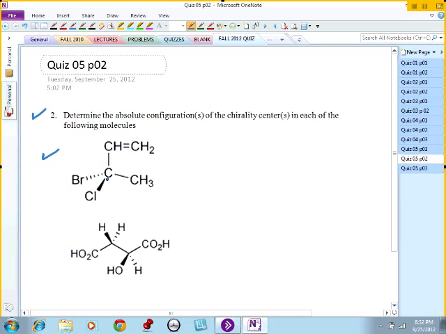Now, when you have a problem like this, I want to tell you, your book does it differently than I do. What I advise you to do, take a very close look at this molecule. They are giving you the 3-dimensional orientation of all of the groups attached to the chirality center here.